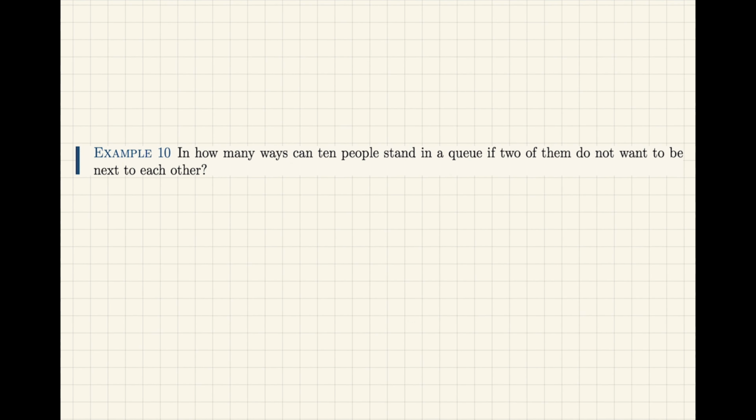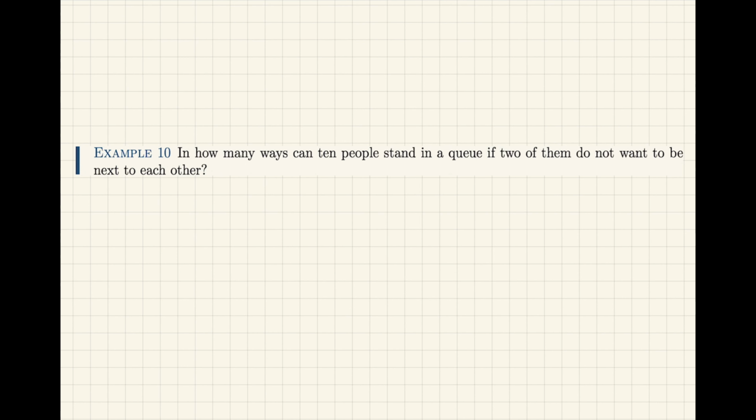Okay, this is also another nice question. Example 10. In how many ways can 10 people stand in a queue if 2 of them do not want to be next to each other? Okay, so I have 10 distinct objects here, people. I want to arrange them in a queue, but 2 of them have some problems. They don't want to be next to each other.